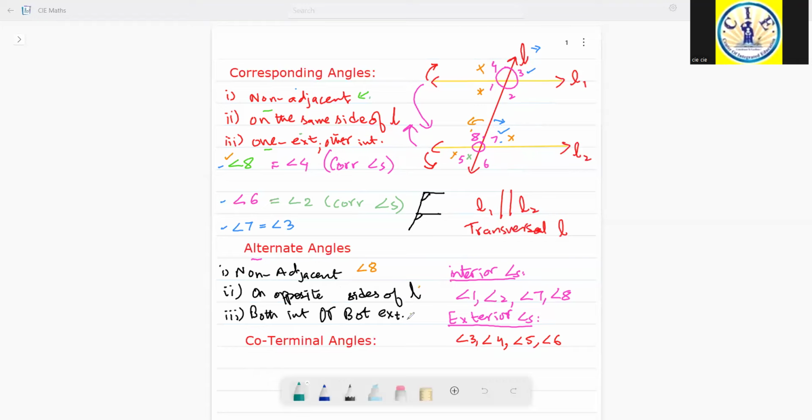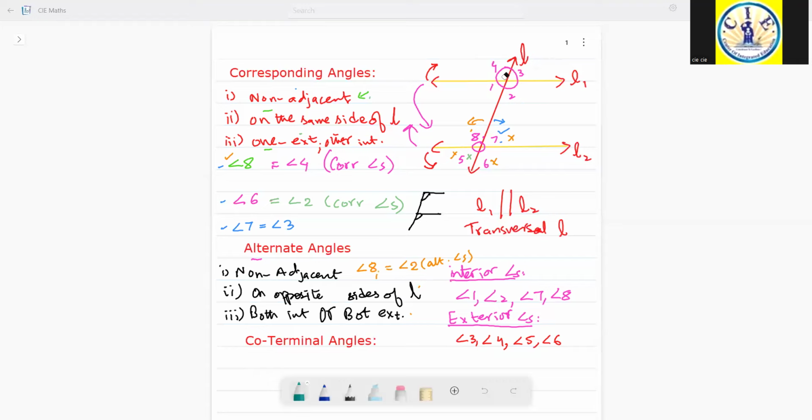Then the third condition, both interior or both exterior. Since angle 8 itself is an interior angle, we rule out exterior angles like angle 3 and angle 6. So the alternate angle to angle 8 is angle 2. So that is equal to angle 2 because these are alternate angles. So this is how we find out the alternate angles.